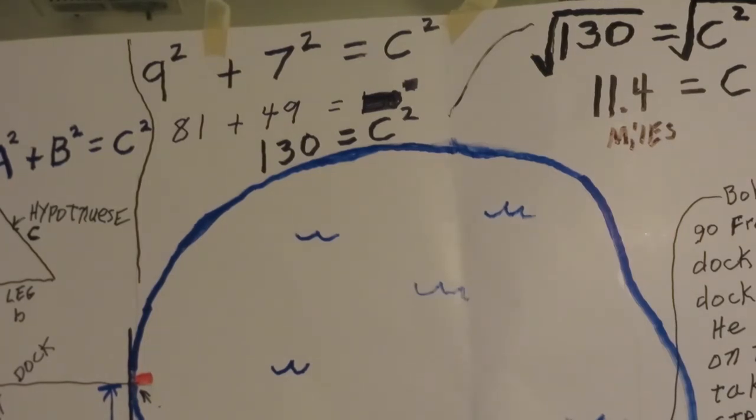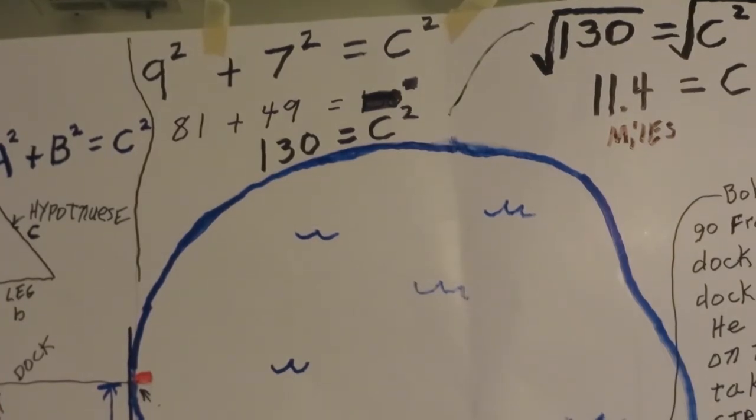We add those together and get 130, so C squared is equal to 130.